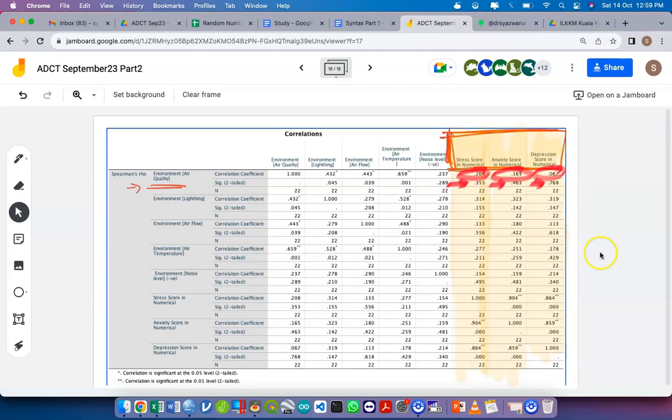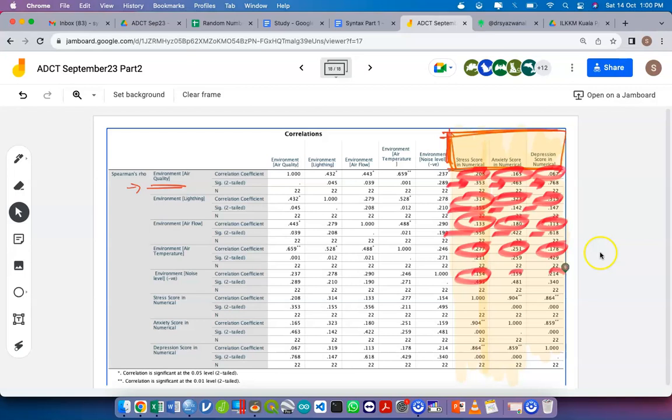Okay, what about another one? Environmental lighting. Lighting also same. No correlation. Okay, what about our airflow? Airflow also no correlation. And then what about our air temperature? No correlation also. Okay, and then what about our noise? Our noise also indicates no correlation.